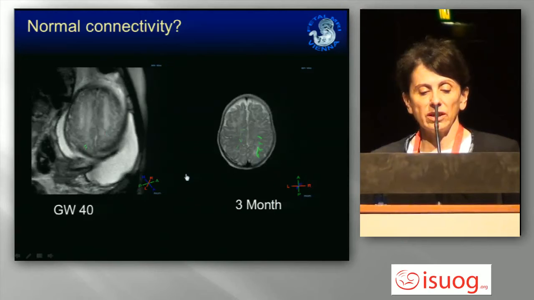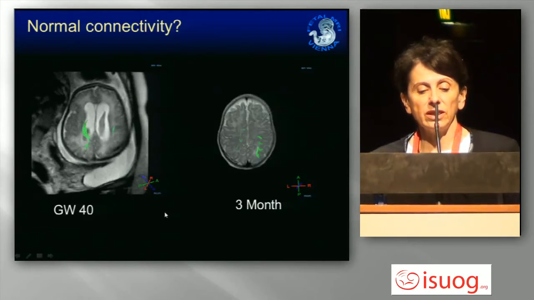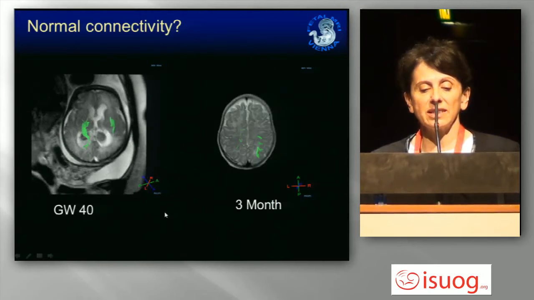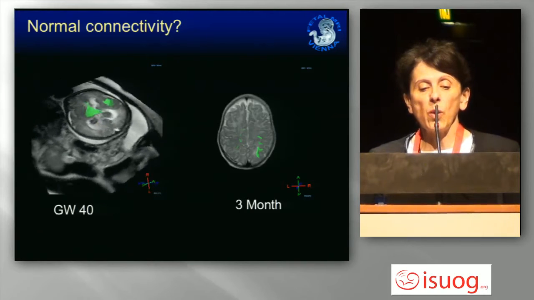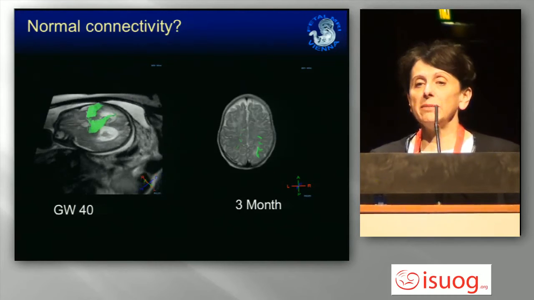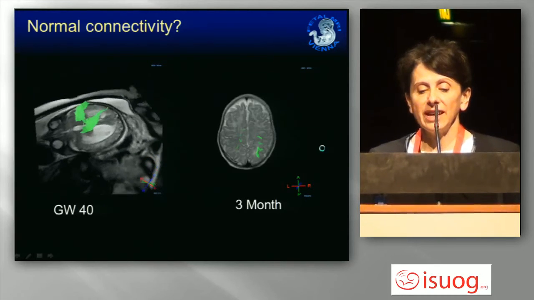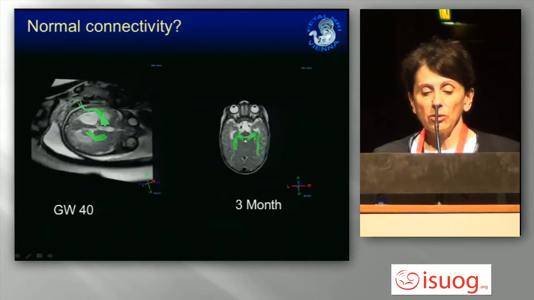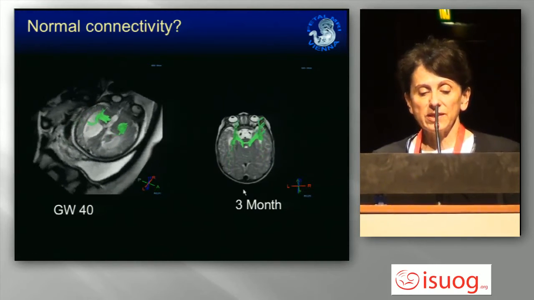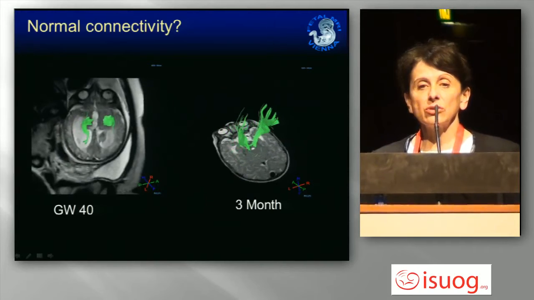And so we do tractography, and when you find the corticospinal tract, there is at least not a morphological reason why there should be any impairment of movement, and this is the postnatal correlation. So, if you see a tract, then this is good news.